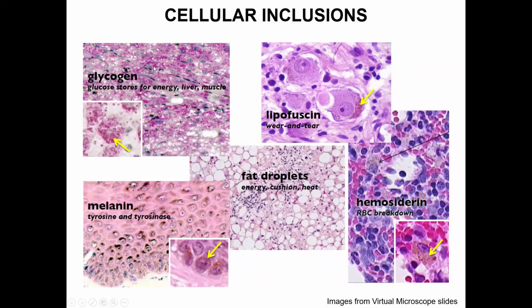And the glycogen particles, wherever they are, can be visualized with the PAS, periodic acid Schiff stain, that stains the carbohydrates. Then there is the melanin. Melanin is a brown pigment that gives the color of the skin.